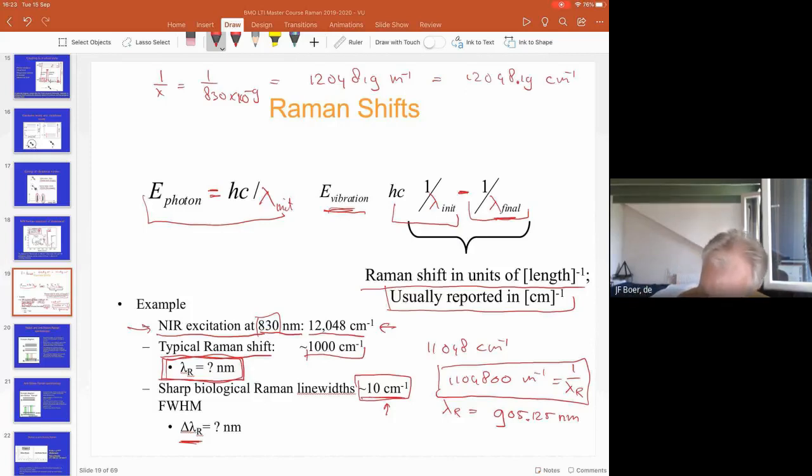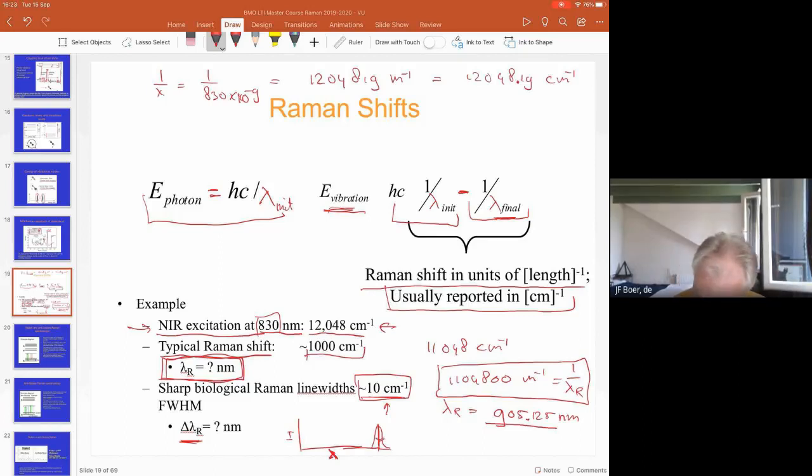We know that the scattered photon has a wavelength of 905.125 nanometers, but the spectrum that is emitted will have a certain width. And so what is now that width in wavelength? What we measure is intensity as a function of wavelength. And then we measure a peak, but that peak has a certain width, and that width is determined by the width of the vibrational level.